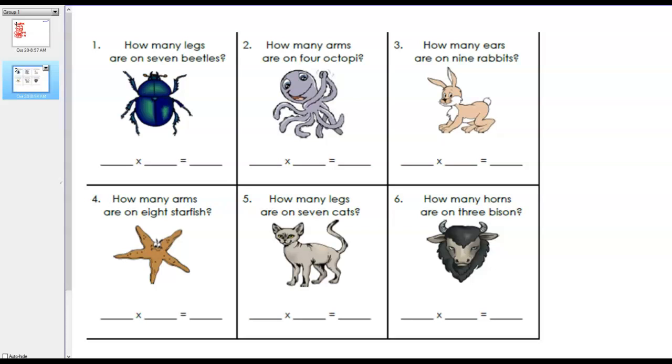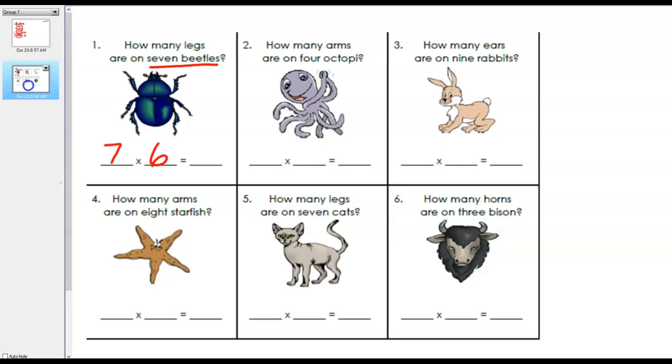Okay, so if I have 7 beetles, first we need to count the legs, right? 1, 2, 3, 4, 5, 6. So 7 groups of 6. Okay, so draw your picture to help you figure that out because those are big numbers.